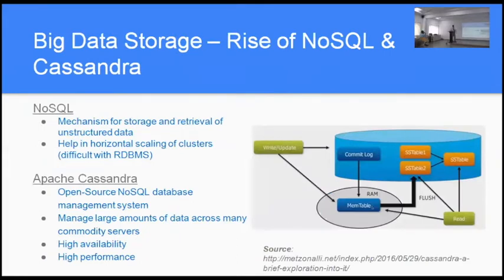Very briefly, my lab also does a lot of research in NoSQL. To give you an example of the growth of NoSQL these days, what NoSQL does is let you store unstructured data. Data could just be documents, essentially stored as key value pairs.